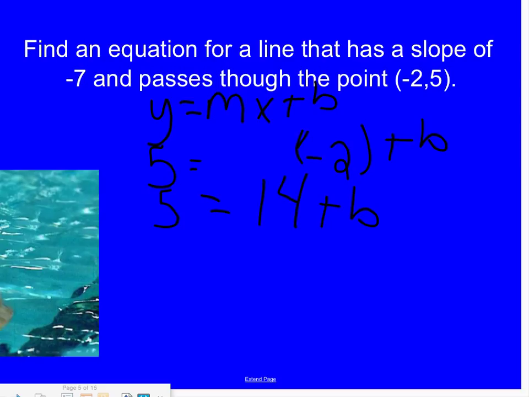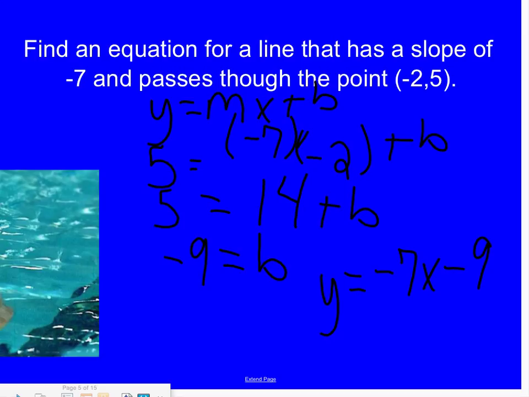And up here was a -7. So we have 5 = 14 + b. So we subtract 14 from both sides, and you get -9 = b. So your final equation is y = -7x - 9.